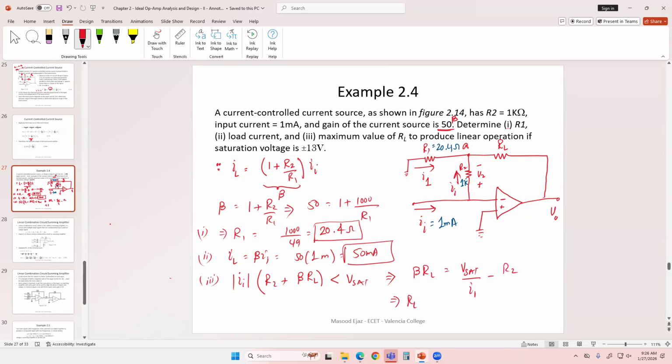So RL equals that divided by beta. All right, go ahead and calculate that.